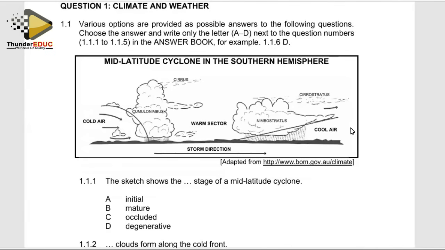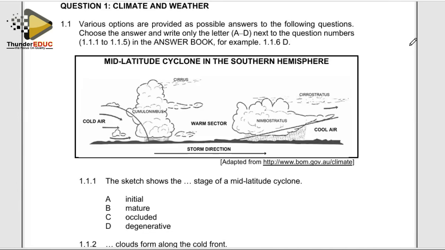Right, the first question is saying the sketch shows the dash stage of a mid-latitude cyclone. Right, that is a mid-latitude cyclone. We are seeing in this illustration, our mid-latitude cyclone has the cold front, which is indicated here.